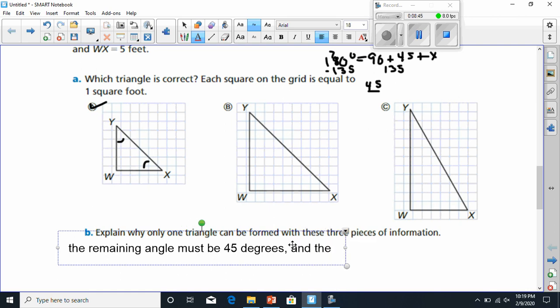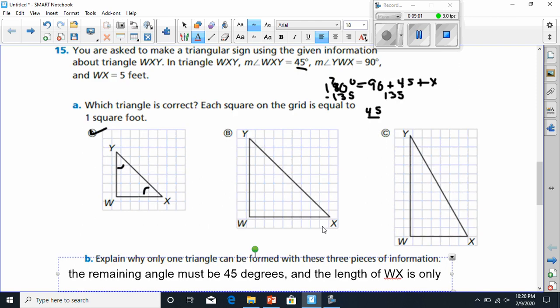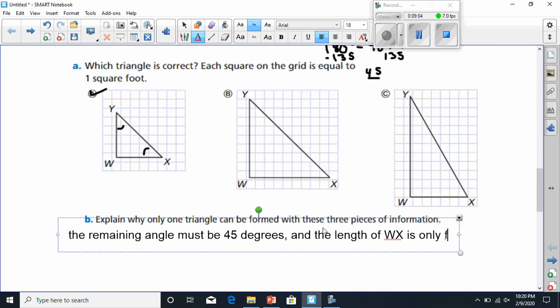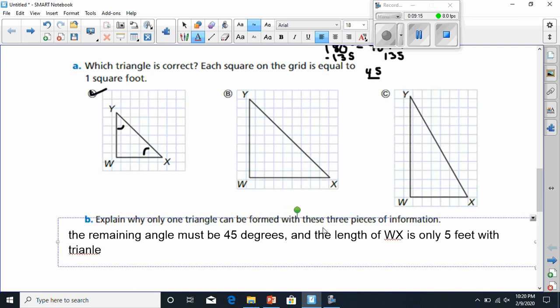And the length of WX is only, I think they said 5, yeah, only 5 feet with triangle A. Okay, triangle A. All right.